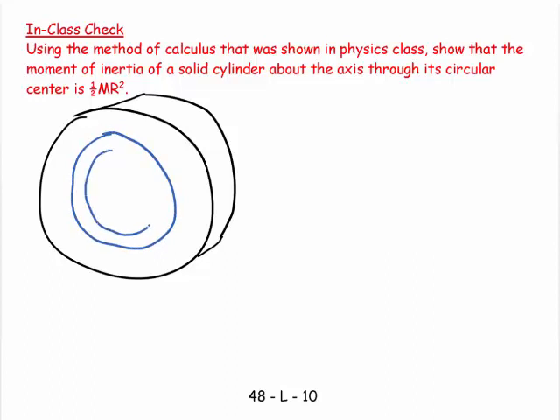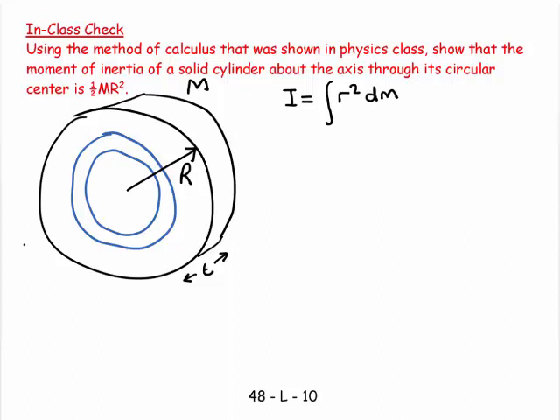I'm going to set myself up a little bit. So first of all, let's have a radius, and I'll call this radius big R. And we have a mass, and we'll call this big M. And then we'll have a thickness, and let's call that T. And I know that for something like this, my moment of inertia is equal to the integral of r squared dm.